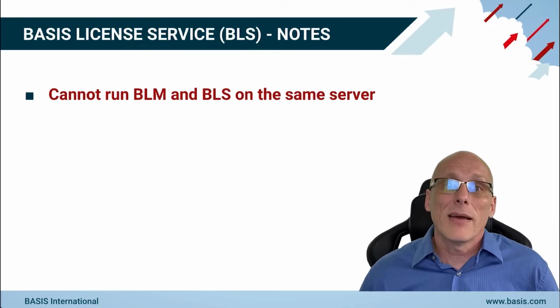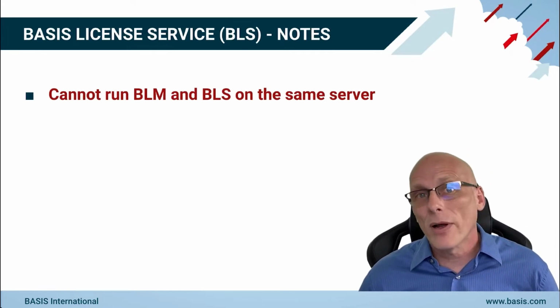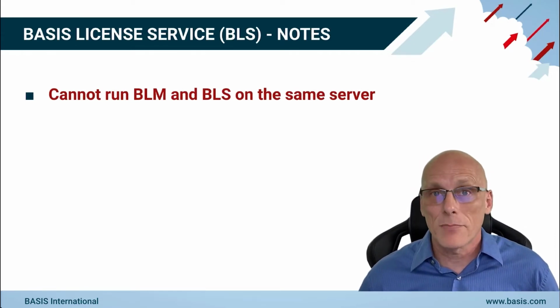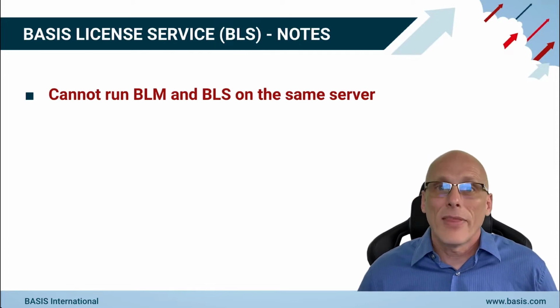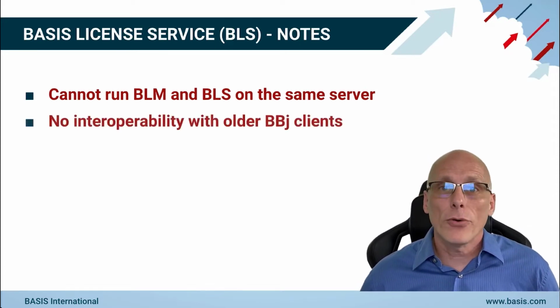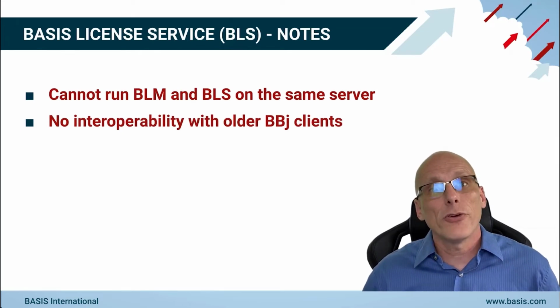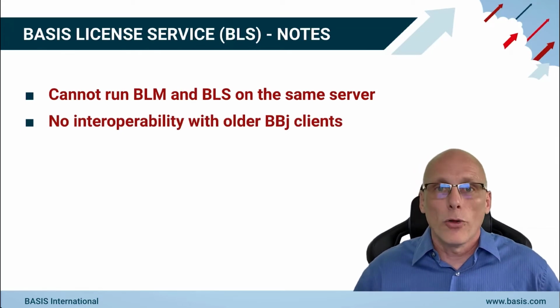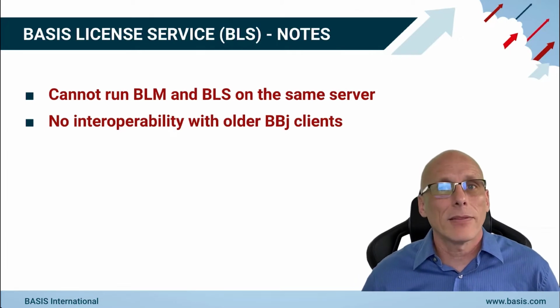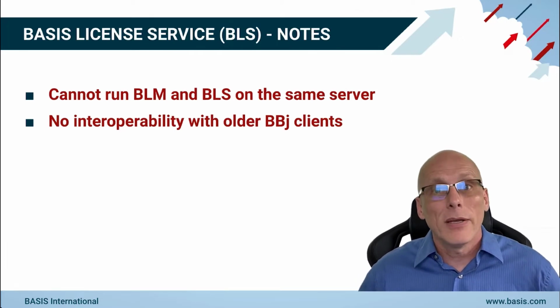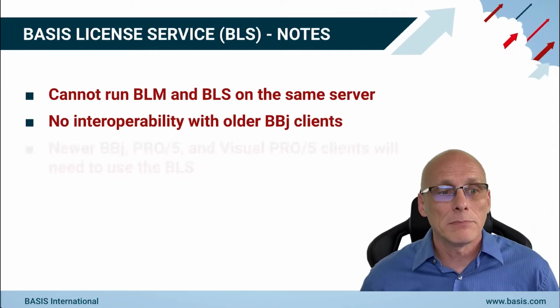All right, so let's talk about a couple of notes here before we get into that demo. So the BLS, it's important to understand that you cannot run it and a BLM on the same server. They use the same ports. That is by design. Also, there's no interoperability with older BBJ clients. So once you move on to the BLS, older BBJ clients can't connect to that. It's not a backward compatible network protocol with FlexLM.